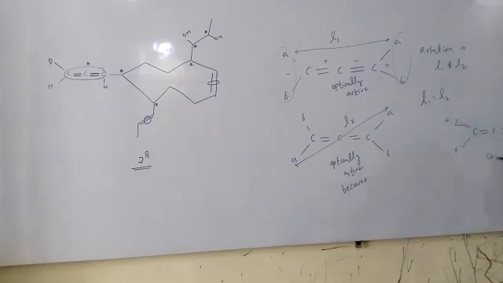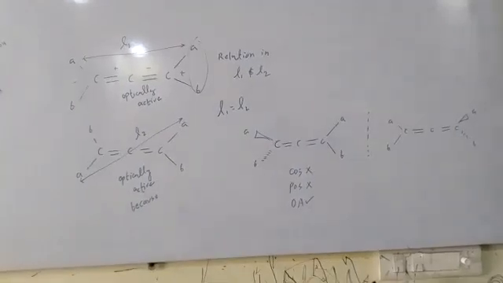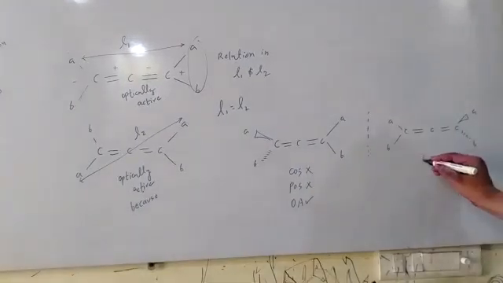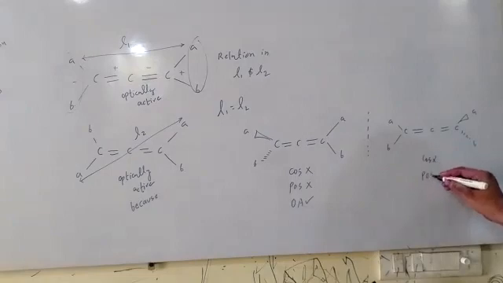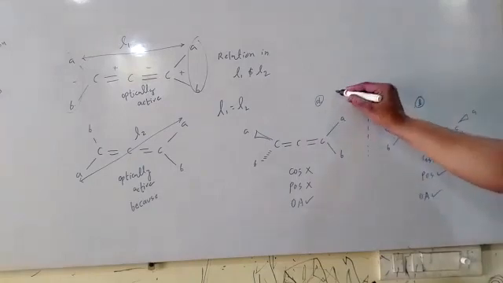Now it will not have COS, it will not have POS, it is optically active, so its mirror image will be a different compound. Got it? Like this. If it is D, then definitely it will be A. Okay?